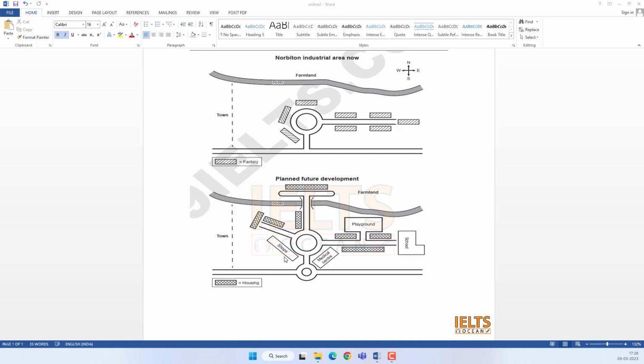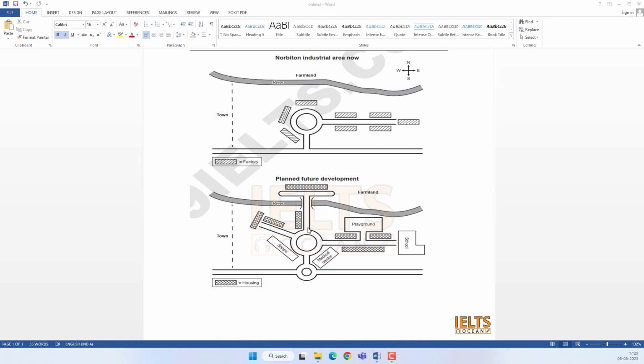Apart from housing, there are some shops, a medical center, a playground and school, which are currently not available in this town, and will be available after this development. And of course, there is a new bridge over the river to access new housing in the farmland.